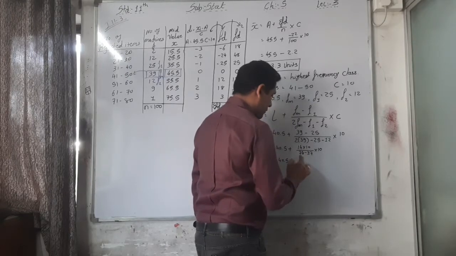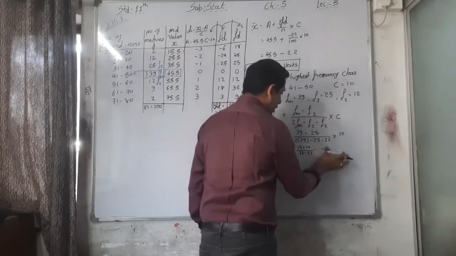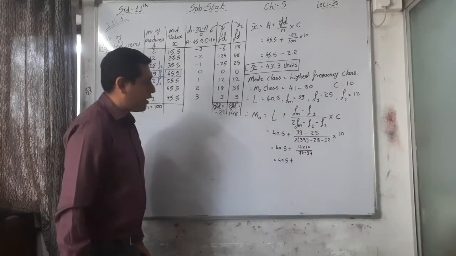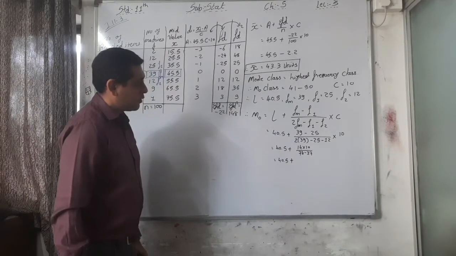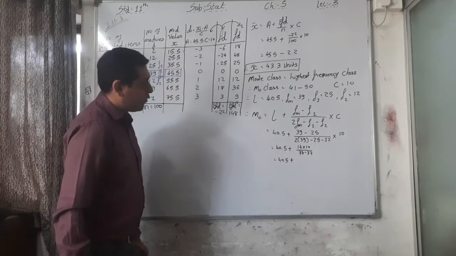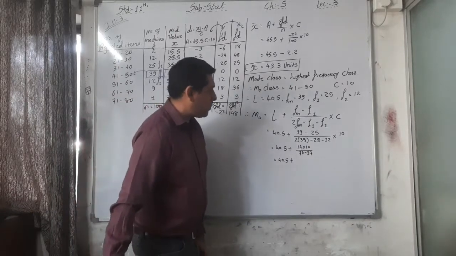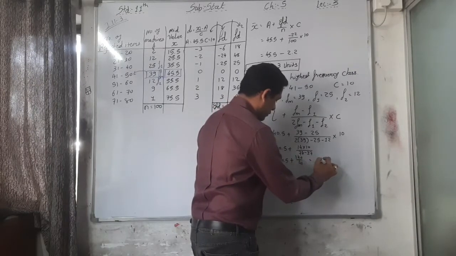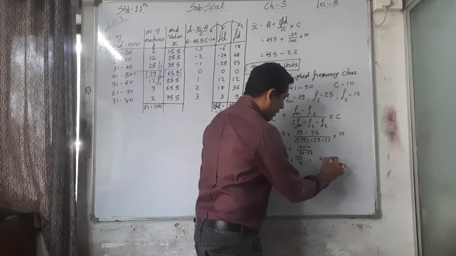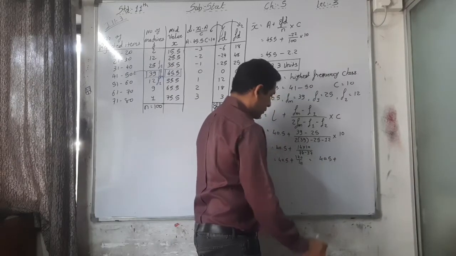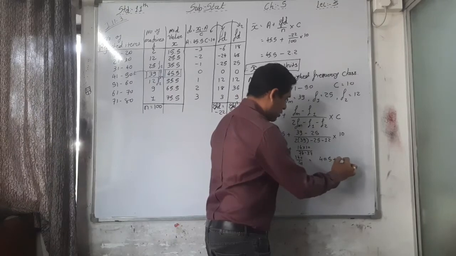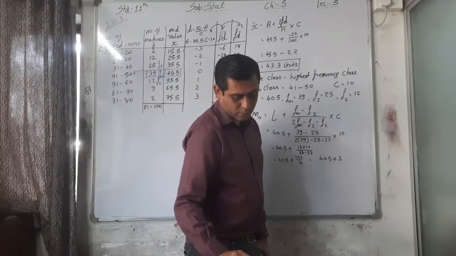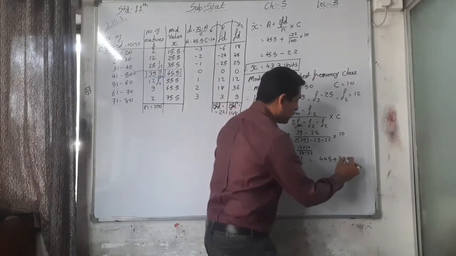40.5 plus 14 into 10, here 10 is multiplied directly. So 140 divided by 41. 140 divided by 41 is equal to 3.4146. 40.5 plus 3.4146.